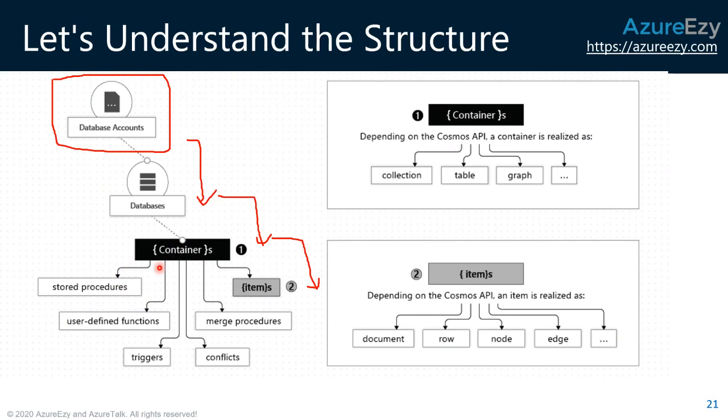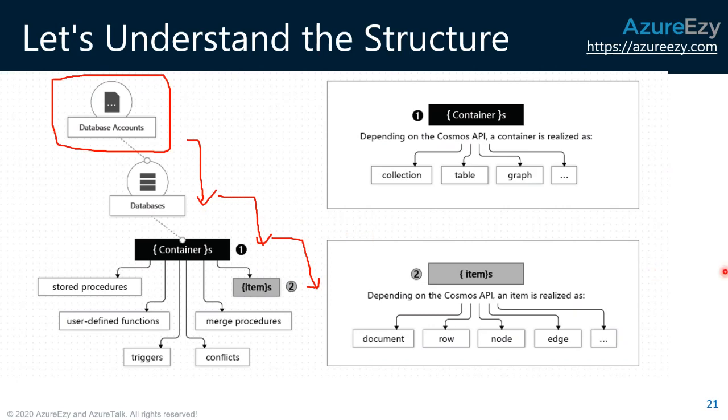Now, as per the API selected on account level, the terminology gets a little different for database, container, and items. Some call it collection, some call it table, graph. Similarly, for the items, there are different names, and if we choose a different API, these names are going to change. So we need to understand that as well.